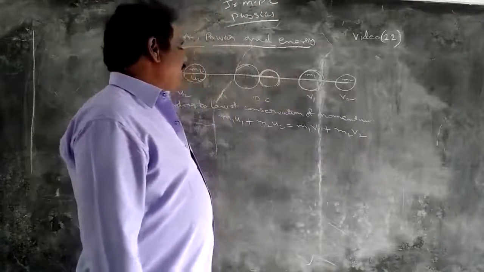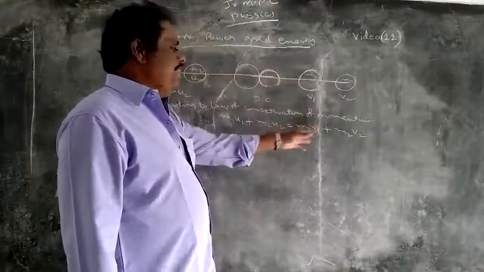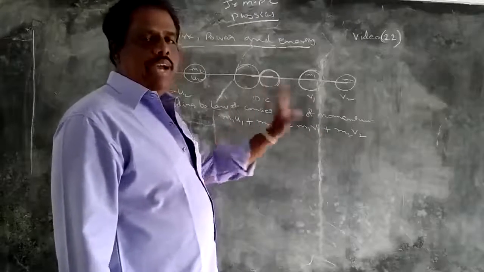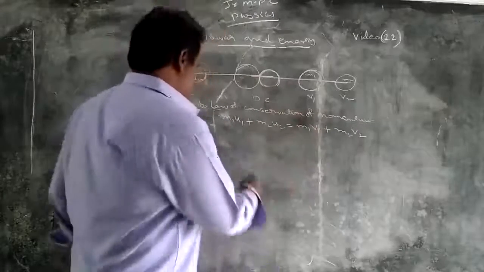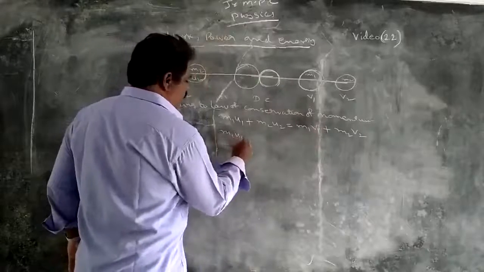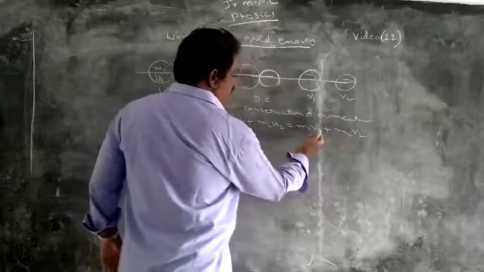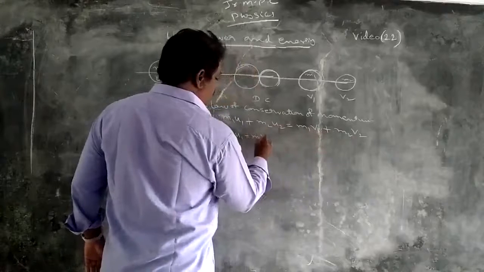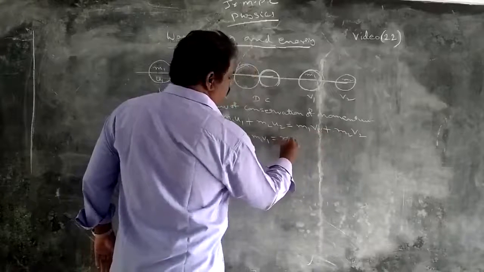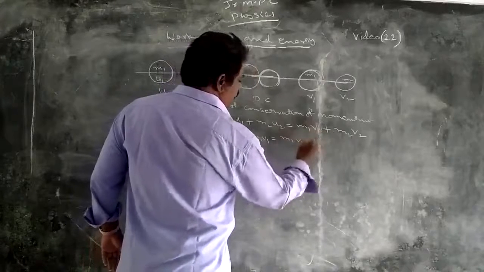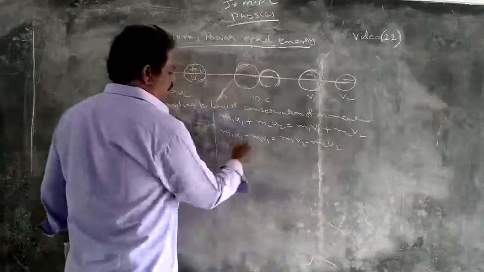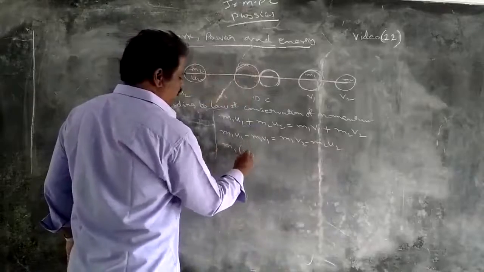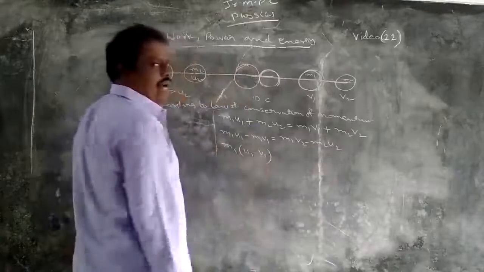We can rearrange the equation. All initials on one side and finals on the other, the first body's terms on one side and the second body's terms on the other side. Bring m1 u1 and m1 v1 together on the left side, and m2 v2 and m2 u2 on the other side. Taking out the common m1, the equation becomes m1 (u1 minus v1).